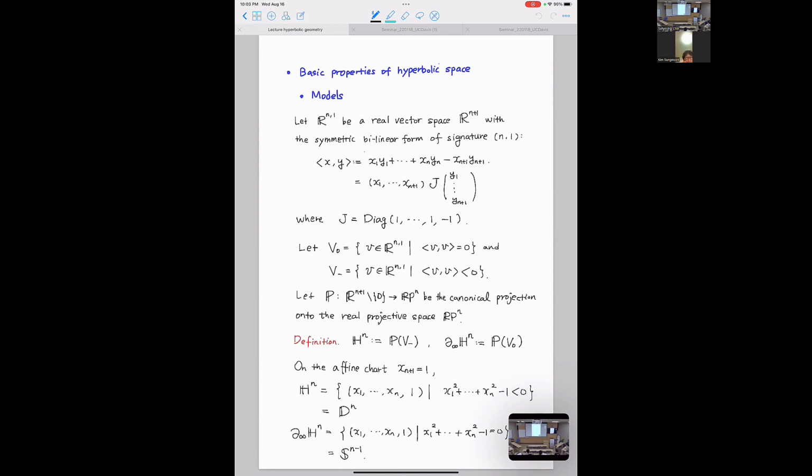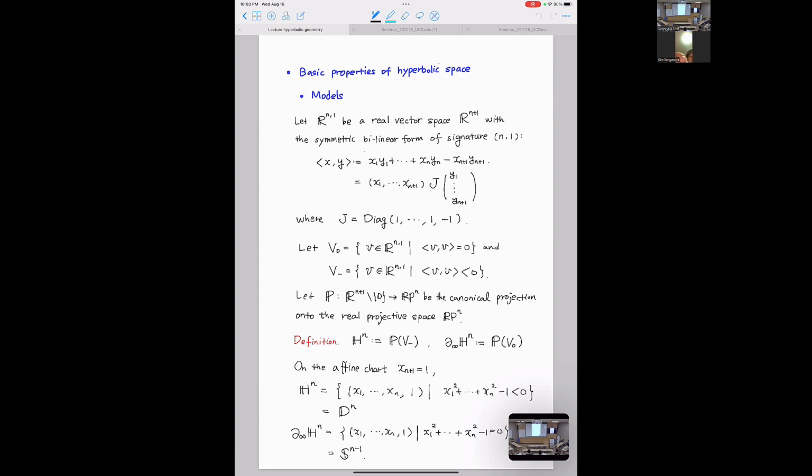Okay, so let me get started with the basic properties of hyperbolic spaces. Here are the basic models of hyperbolic space. There are many models of hyperbolic space, but here I will give the projective model. Let R^{n,1} be the (n+1)-dimensional real vector space with a symmetric bilinear form of signature (n,1).